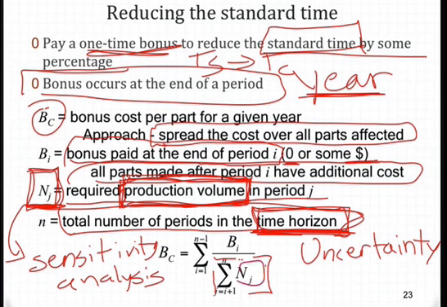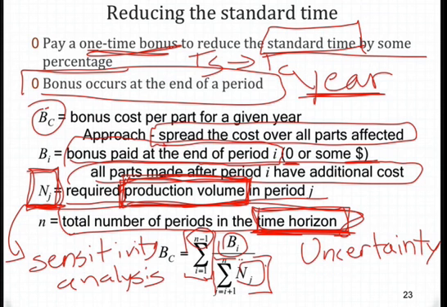We add that up in the denominator. And then we divide that into the bonus that we're paying in that period I. Of course, we might be paying multiple bonuses over the entire horizon, and so we have to add all those contributions from each bonus to future production.